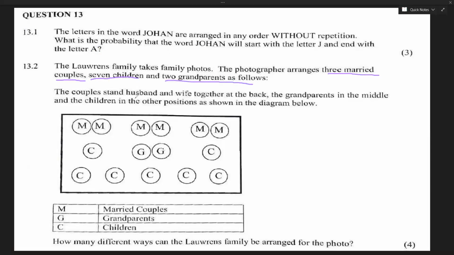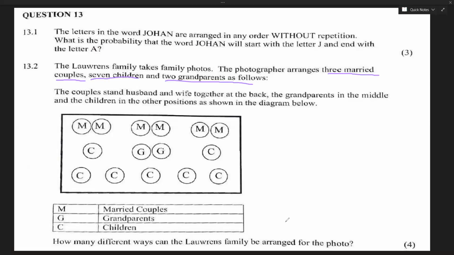The couples stand husband and wife together at the back, as shown in the picture, and the grandparents in the middle, and the children in the other positions as shown in the diagram below. So we have married couples, grandparents, and children. How many different ways can the Lawrence family be arranged for the photo?